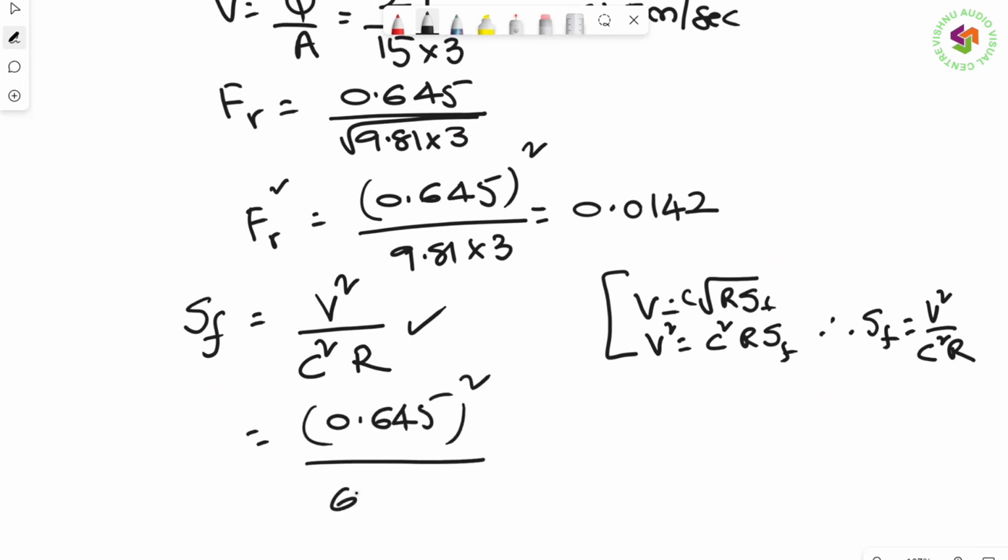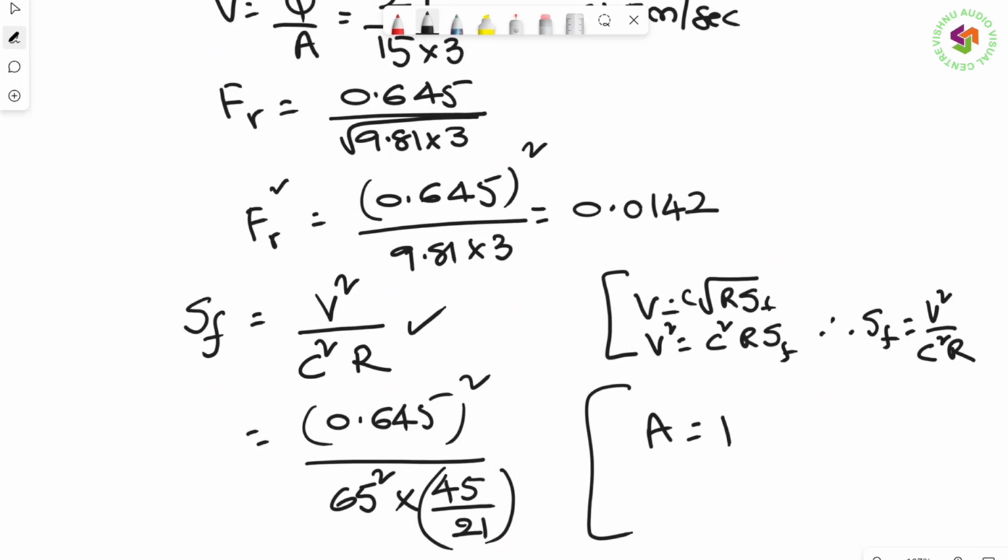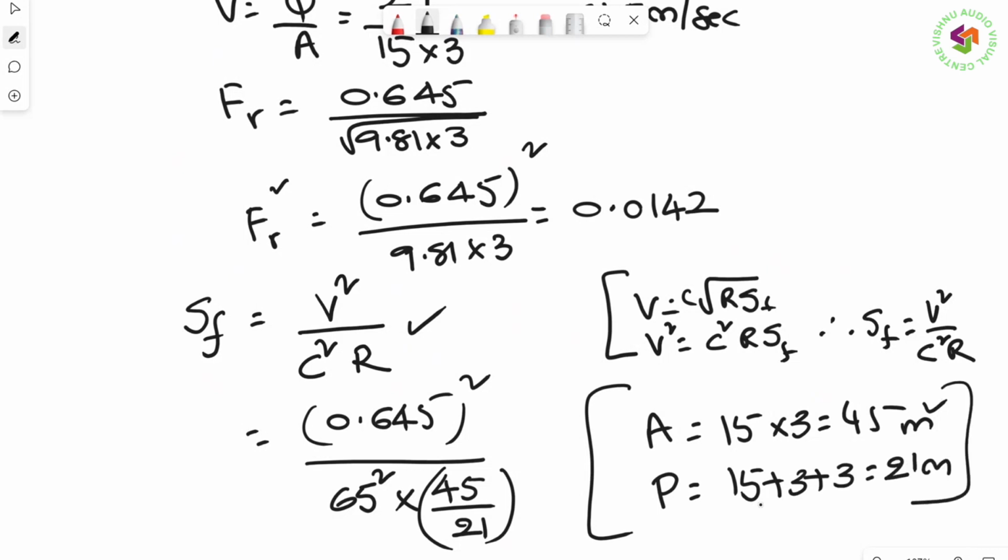C is 65 square, into R, which is equal to A by P, 45 divided by 21. How did you get it? A is 15 into 3, 45 meter square. P is 15 plus 3 plus 3, so 21 meters. This is what I have substituted.